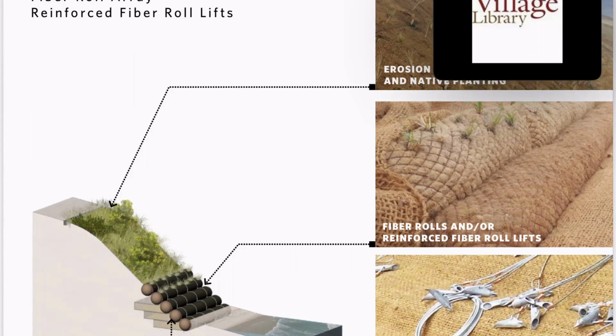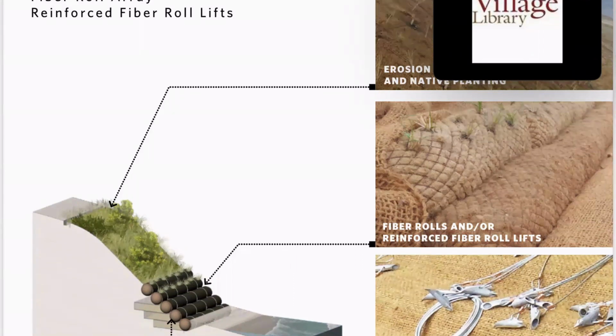That anchoring methodology initially seemed to work pretty well in the 90s. But in the early 2000s, we were seeing that the performance was going down with these projects, and these fiber roll interventions were starting to get questioned.